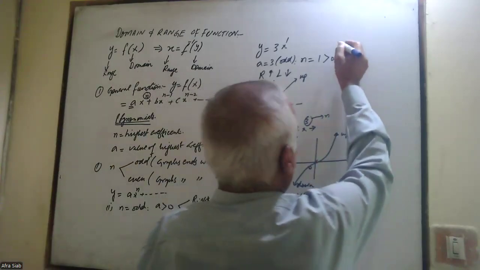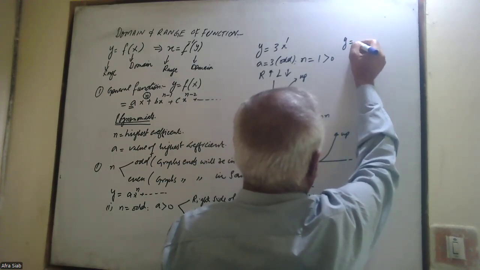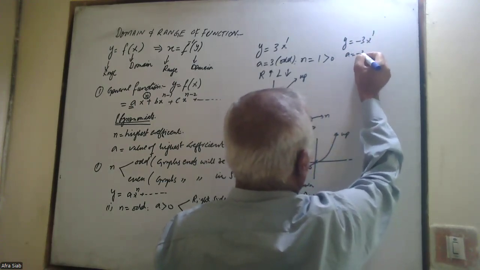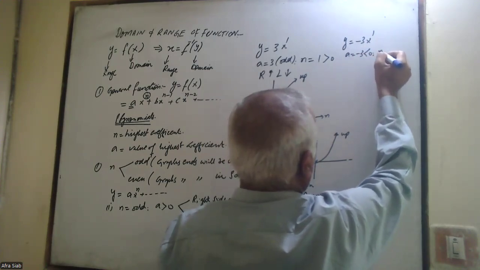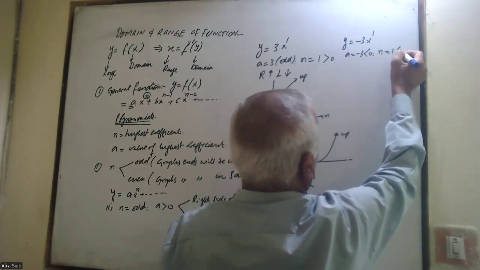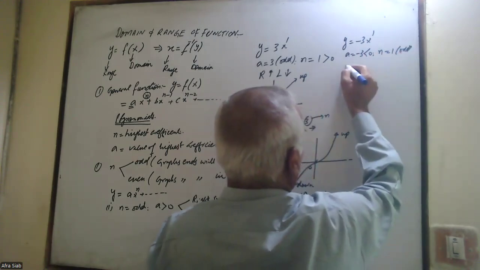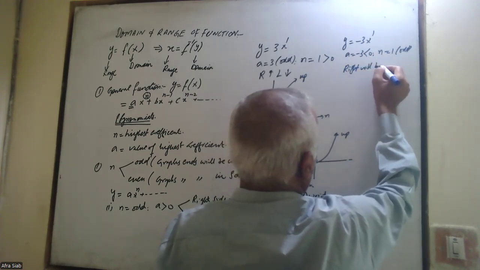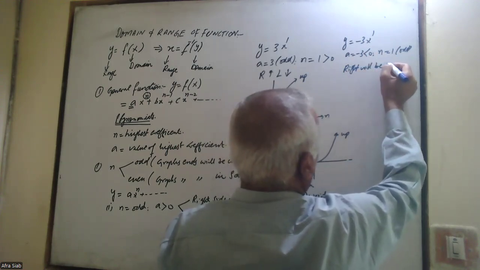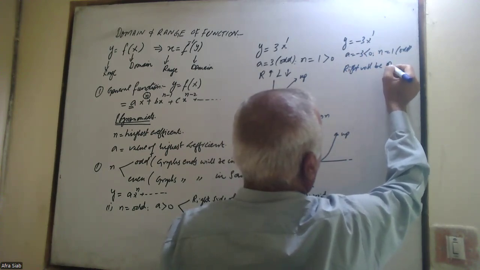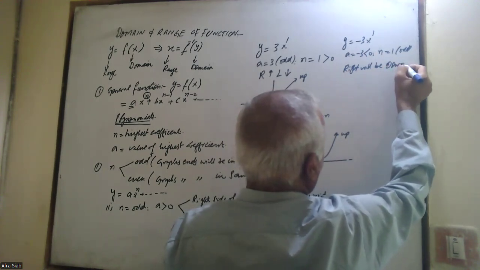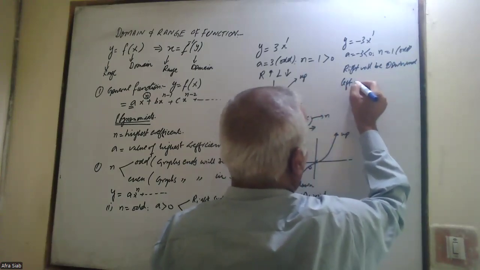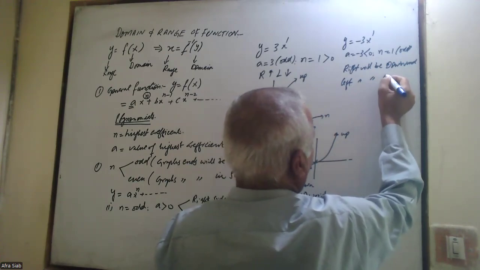But if we have y is equal to minus 3x^1, where a is equal to minus 3, which is less than 0, and n is equal to 1, which is an odd number, then the right side will be downward and the left side of that graph will be upward.